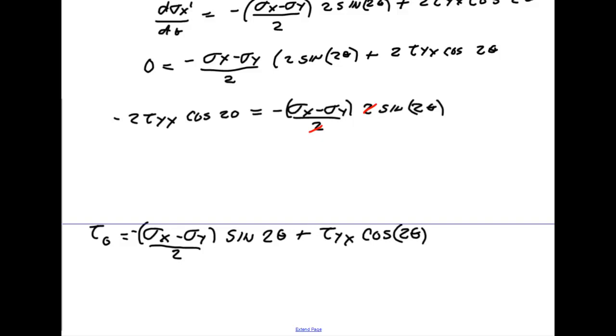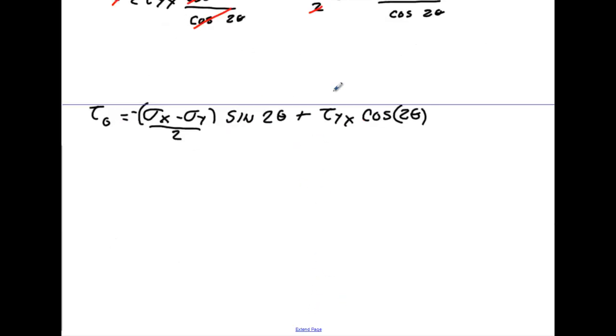Okay, so now what I want to do is move the cosine 2 theta over to the other side, divide both sides by cosine 2 theta. So this cancels out here, this cancels out here. My negatives cancel out. Scroll down, move this thing down one more time to give myself some more space.